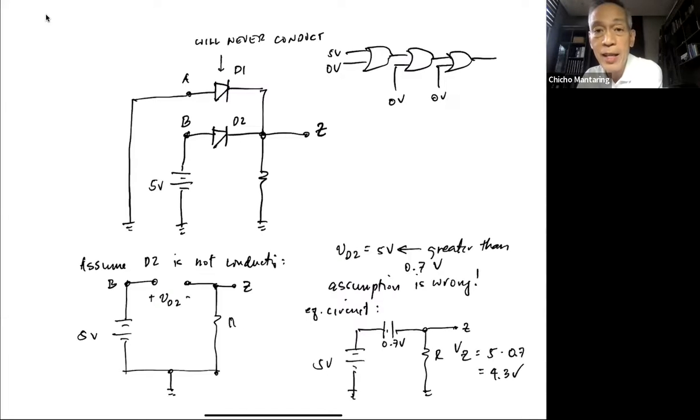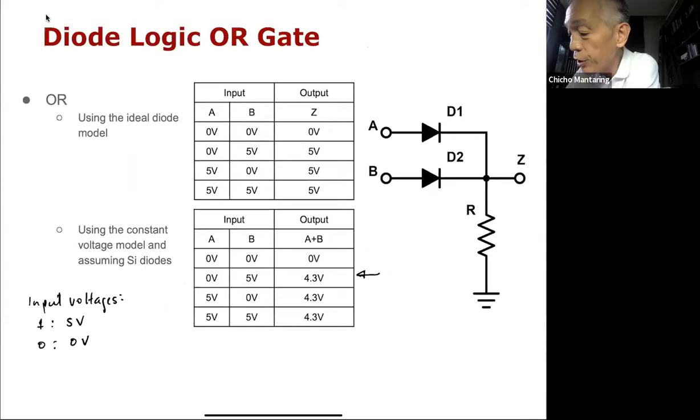Why do we say this does not scale? Eventually, the output voltage we get here, as we showed, is 4.3.